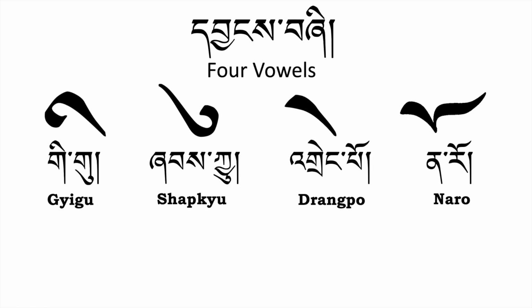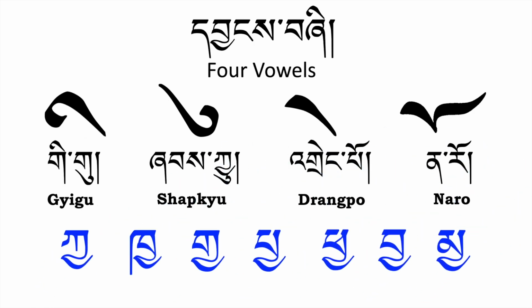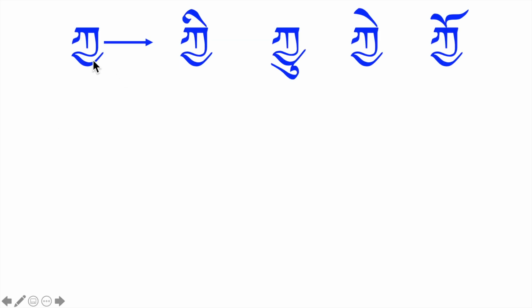Okay, so now the seven Yata are going to work with the four vowels and make different sounds. Okay, let's start. The first Yata, Ka Yata Kya. Now I'm going to work with the four vowels. Ka Yata Kya, gigu ki.